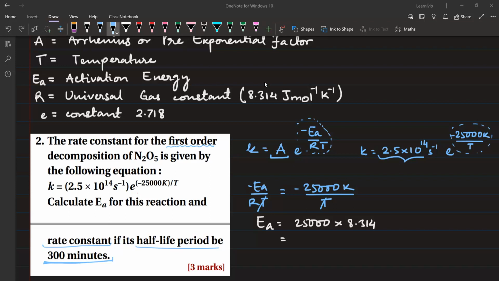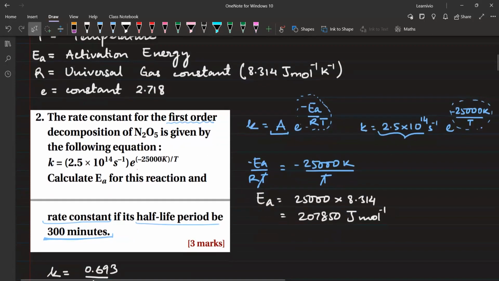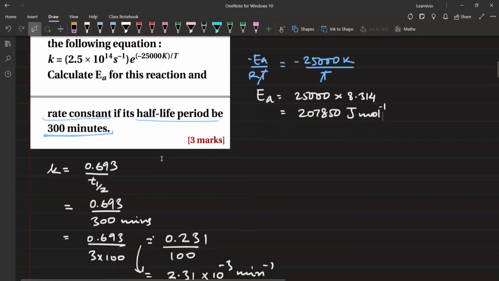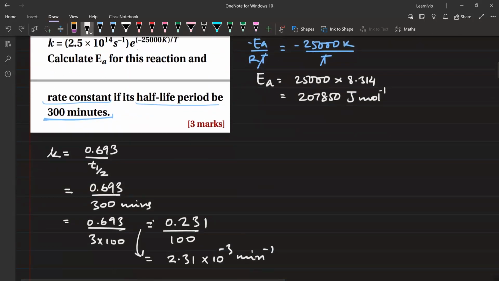Yeah, that is correct, Krishna Priya. So this will be 207850 joules per mole. And for T half, or rather k, actually we have this here, no? It will be 2.31 into 10 to the power minus 3. And it will be in minute inverse because ये minute में दिया हुआ है. ठीक है?